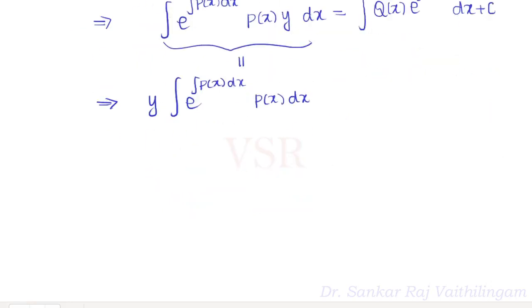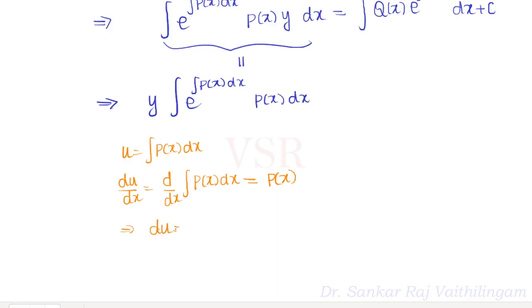அப்போ இதுல என்ன பண்ண போறேன் அப்படின்னா put u which is equal to integral of p of x dx ன்னு எடுத்துக்கிறேன். Okay, then what is du by dx, which is equal to d by dx of integral of p of x dx. இப்போ தான் நான் சொல்லி கொடுத்துருக்கேன் this differentiation and integration inverse process ன்னு நீங்க assume பண்ணிக்கோங்க, but because this is by fundamental theorem of calculus, this is equal to p of x. அப்ப இதுல இருந்து என்ன தெரியும் அப்படின்னா du is equal to p of x dx. அப்ப இதை கொண்டு வந்து இதுல சப்ஸ்டிட் பண்ணணும்னு வச்சுக்கோங்க.